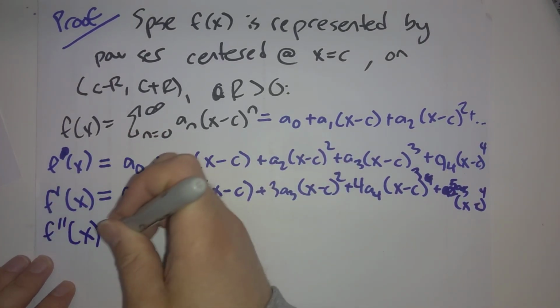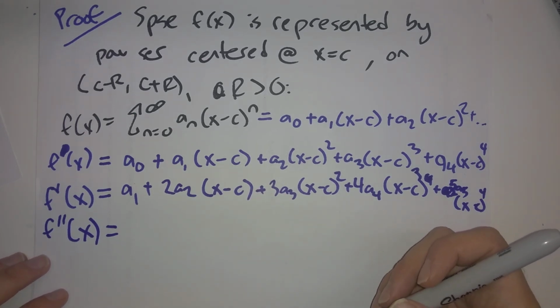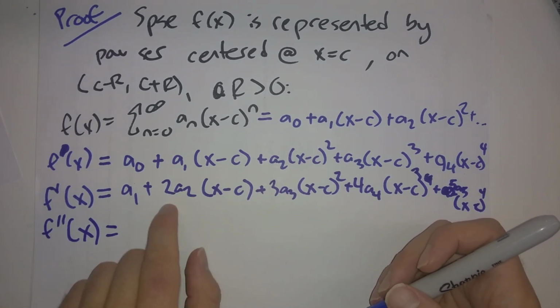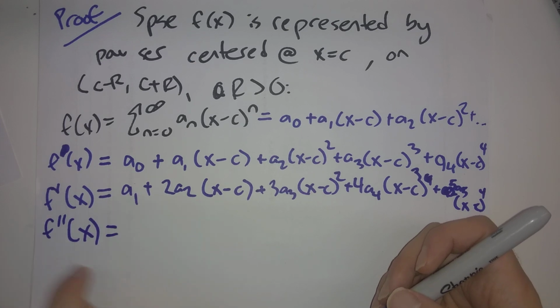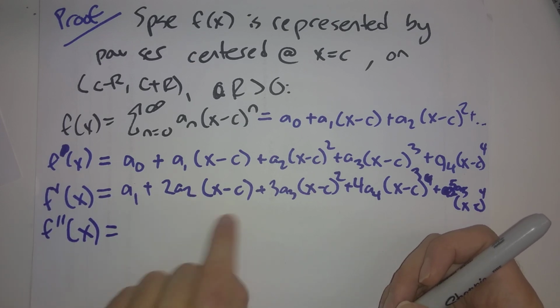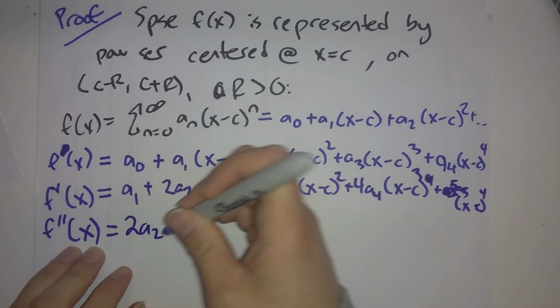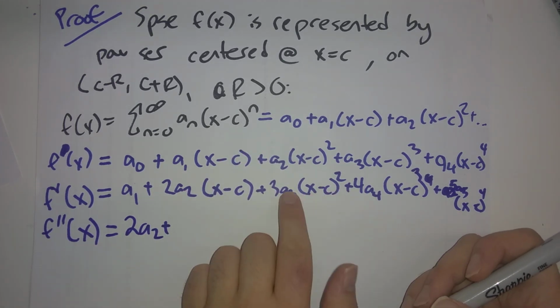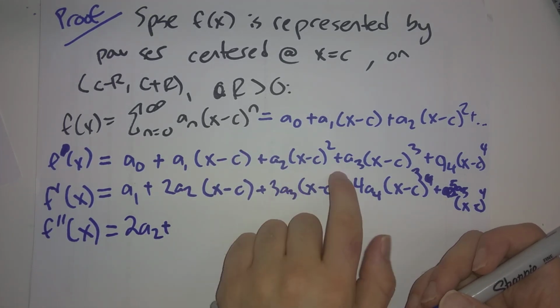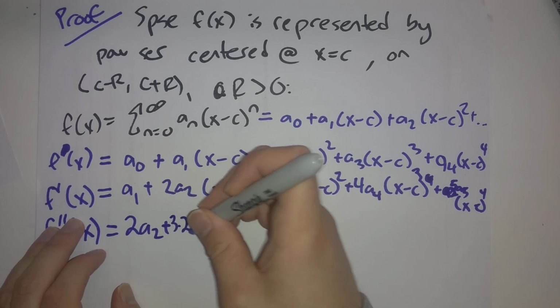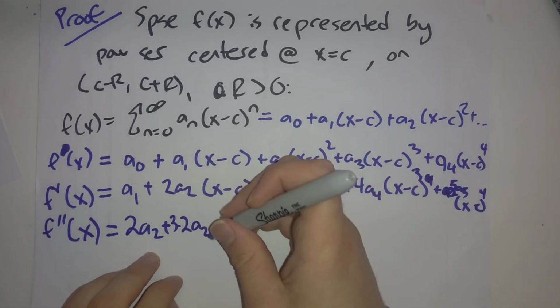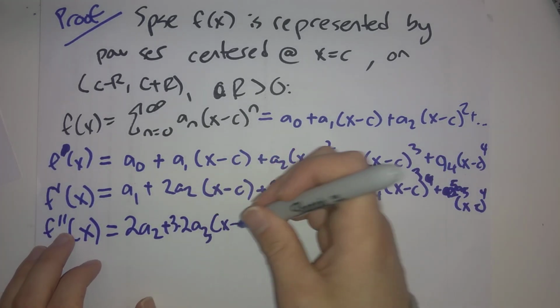When we take second derivatives, the a1 goes away. The derivative of this term is 2a2. The derivative of this term is 3 times 2 times a3 times x minus c.